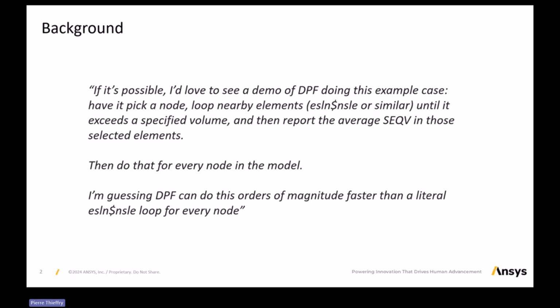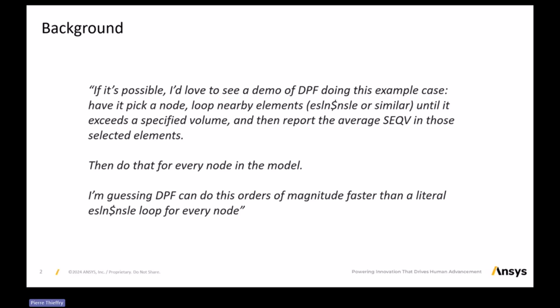If you want to do that with MAPDL or PyMAPDL, what you would have to do is run sequentially over each node, do a bunch of ESLN, NSLE, so selecting nodes from elements and elements from nodes and stuff like that. And that's fairly sequential. And in the end, you will get equivalent stresses and do the average on the volume. Let's see what DPF does on that.